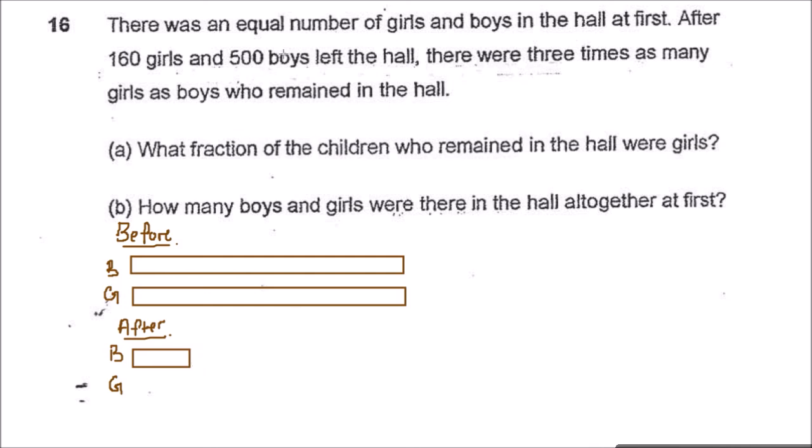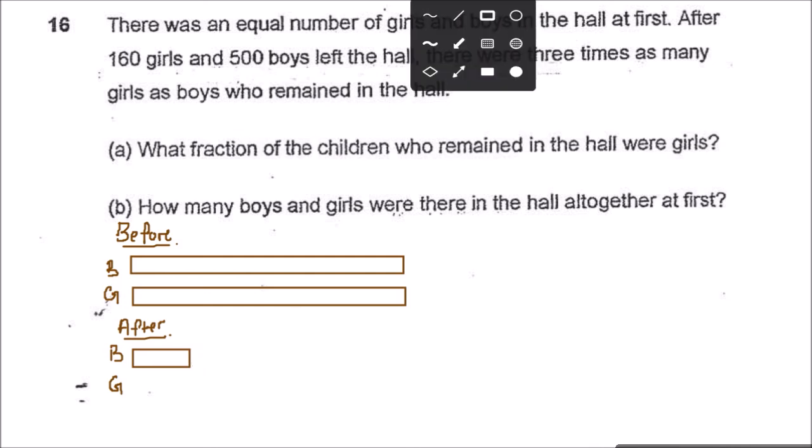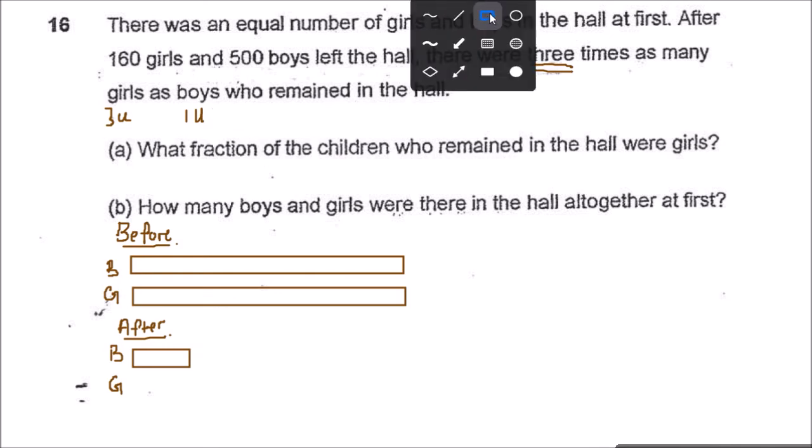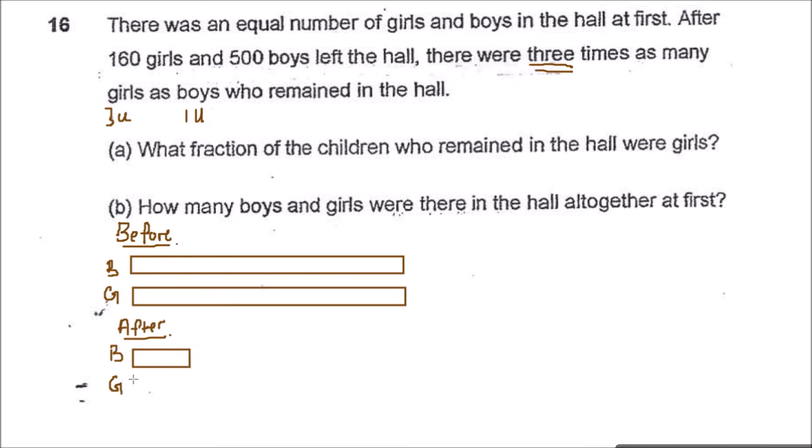And for the girls, it's 3 times. If you know that it's 3 times, then the girls have to be 3 units and the boys would be 1 unit. So now we can draw the girls. This girls will be 3 times as long, so it will be 1 unit and 2 units.